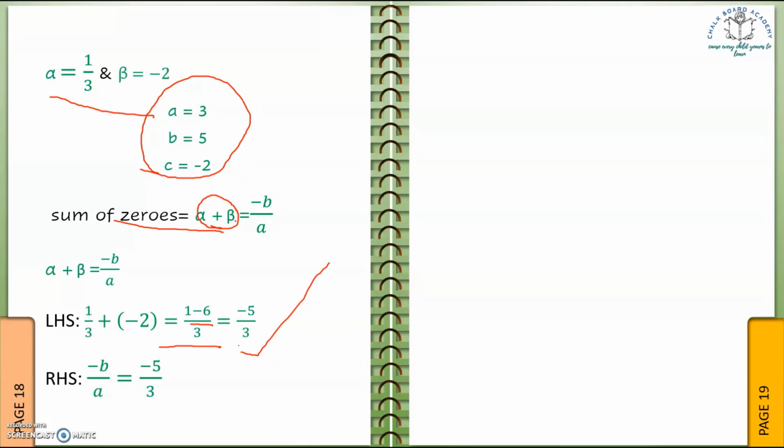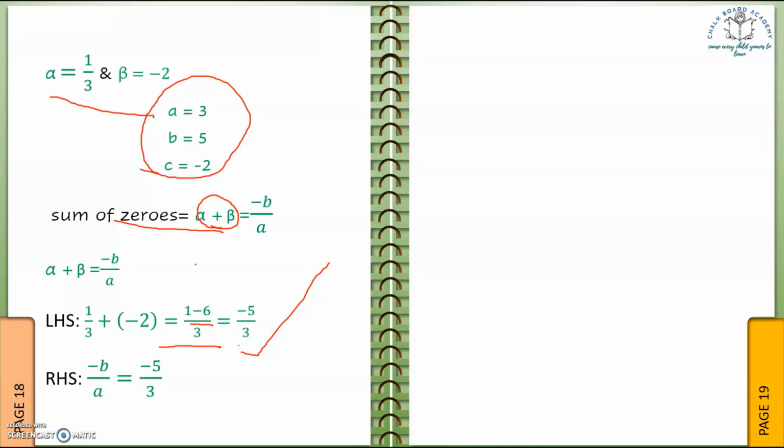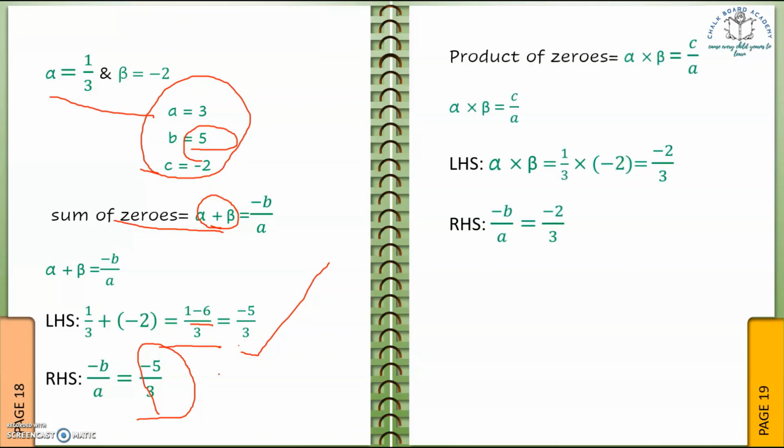And by using minus b by a, we know b is 5, so minus b is -5, and a is 3. Again we are getting the same answer, -5 by 3. So LHS is equal to RHS.